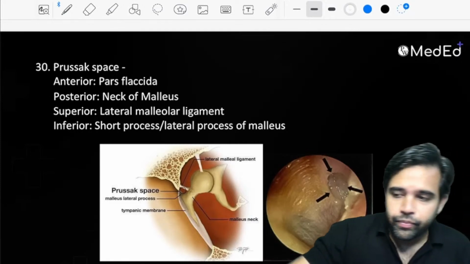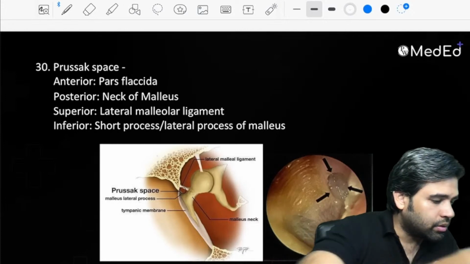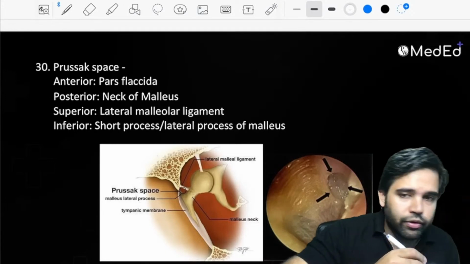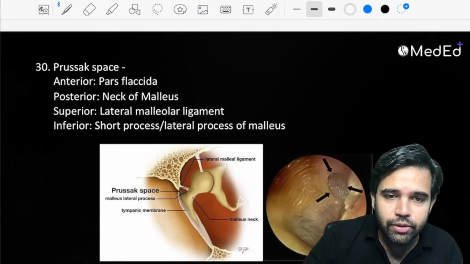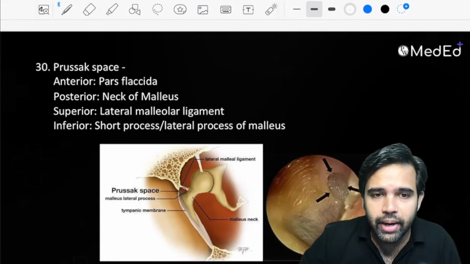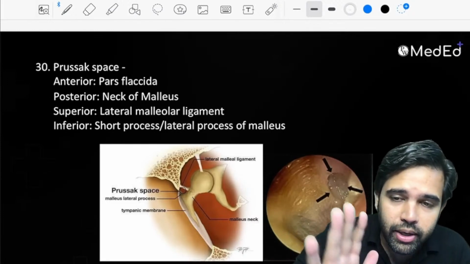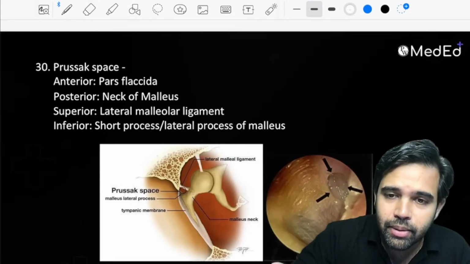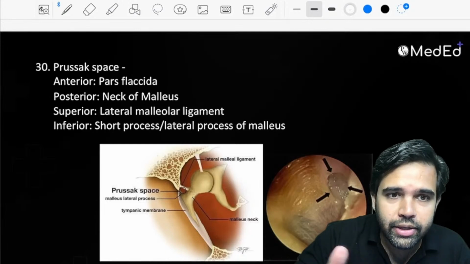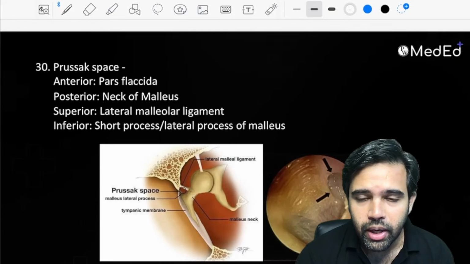So this part over here is the Shrapnell's. As you can see, this top part where Prussak's space is mentioned is behind the pars flaccida or the Shrapnell's membrane, and it is bounded posteriorly by the neck of the malleus and anteriorly by the pars flaccida, and then the lateral and medial malleal ligaments form the superior and inferior parts.